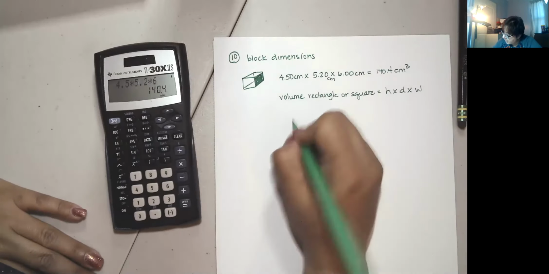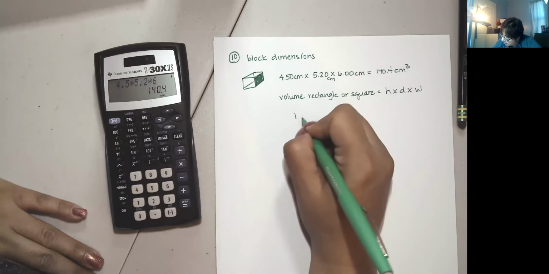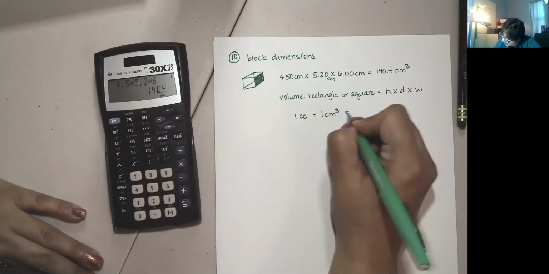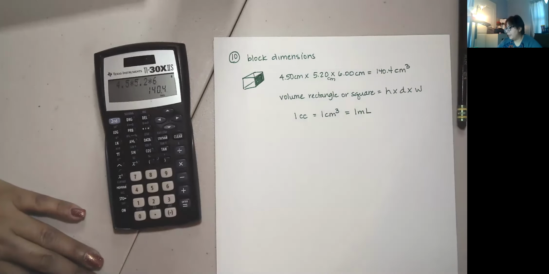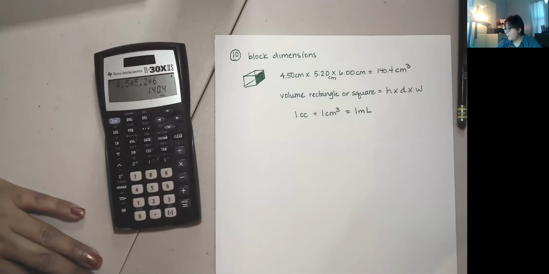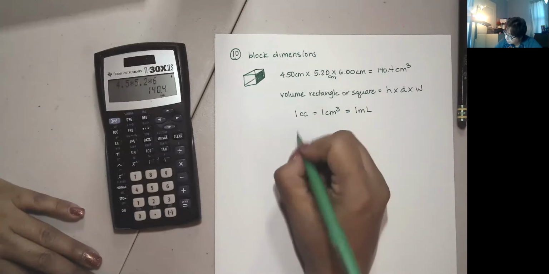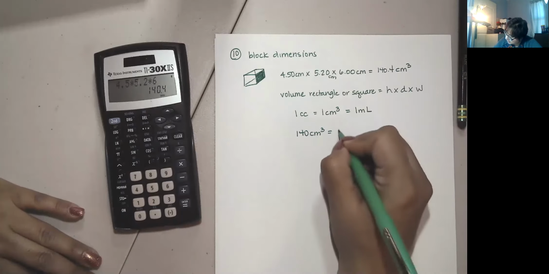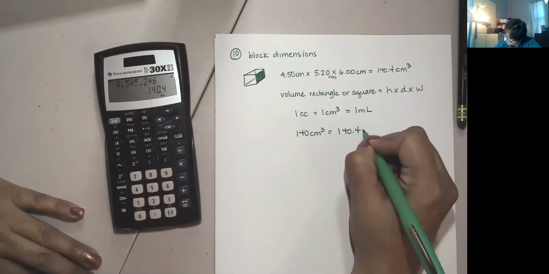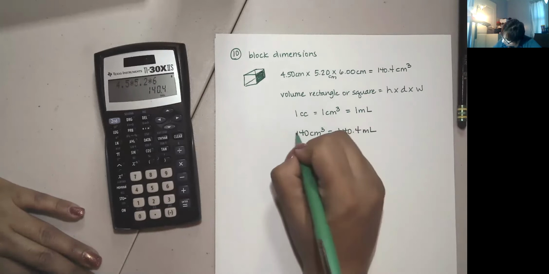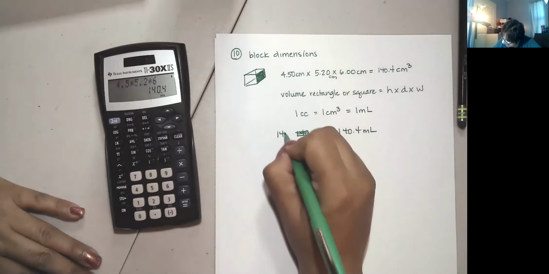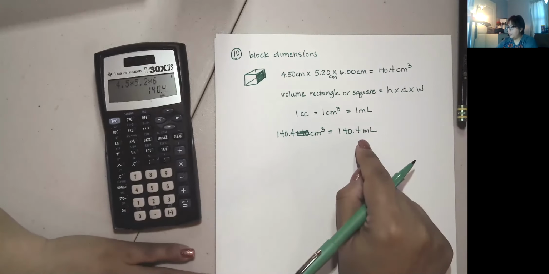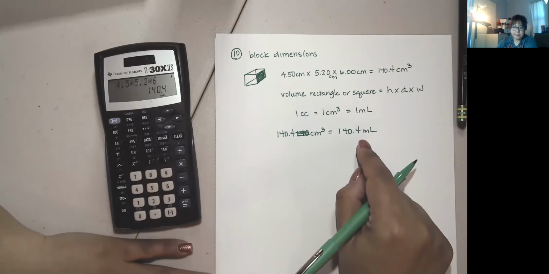And so if you remember, 1 cubic centimeter, which is also written like this, is equal to 1 milliliter. So since we have 140.4 cubic centimeters, you could write that as 140.4 milliliters. Oops, I forgot the 0.4 there. So 140.4 cubic centimeters is equal to 140.4 milliliters.